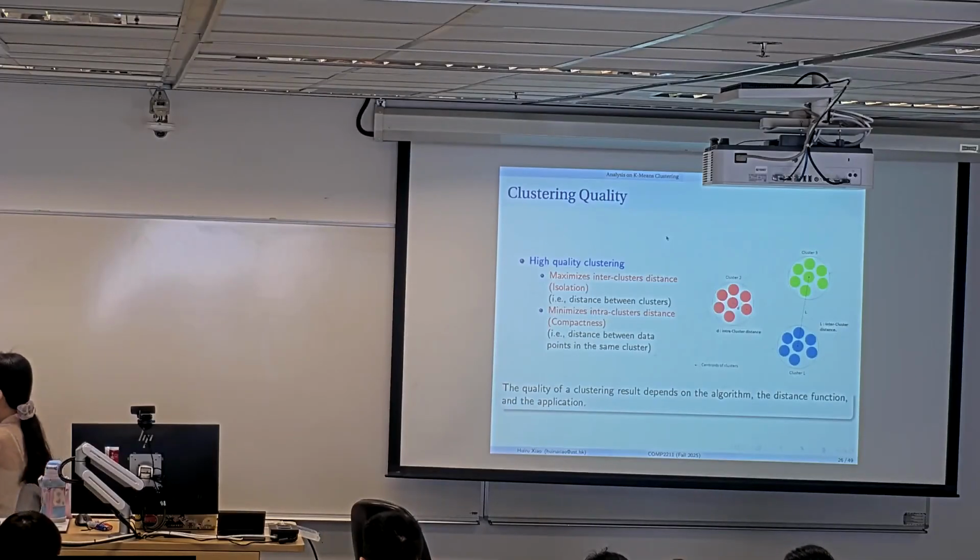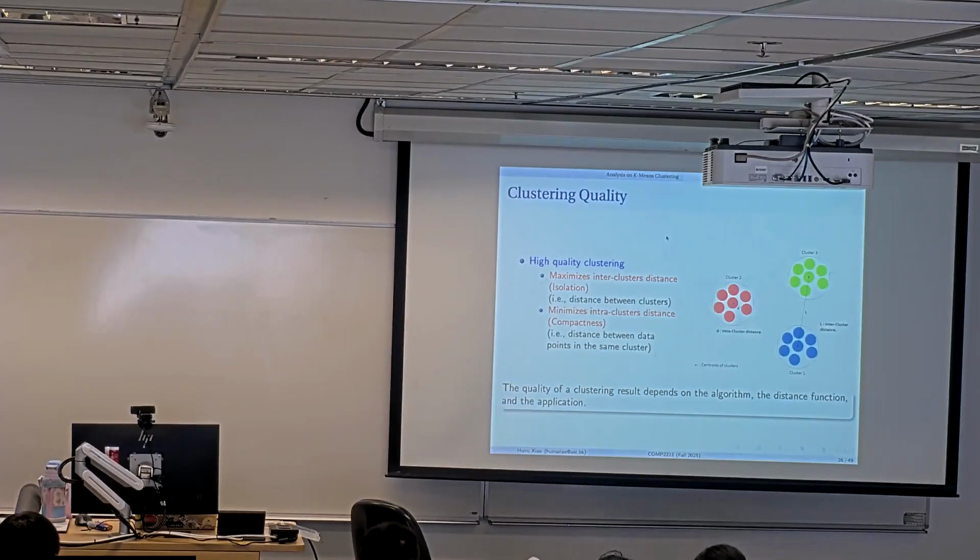Yes, actually these metrics are not applied during training. The inter-cluster distance is not applied during training. It's only after we get the clustering results that we use these two standards to evaluate. That means after the final iterations we get the clustering results and then we use them to measure.